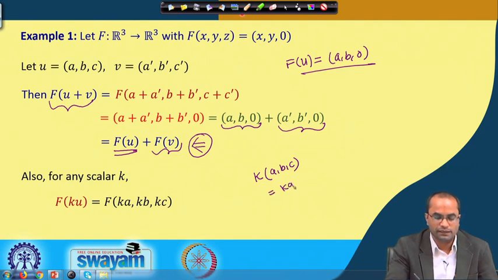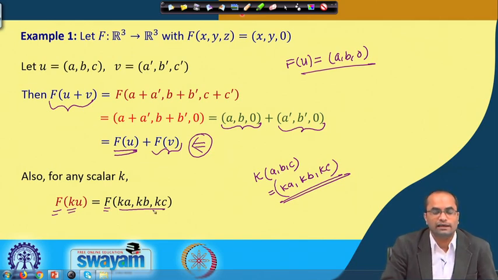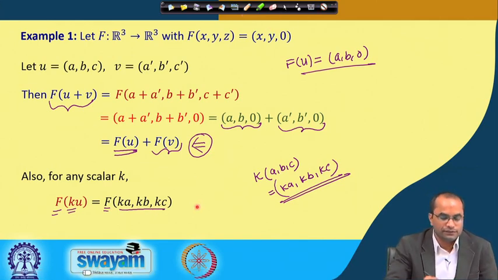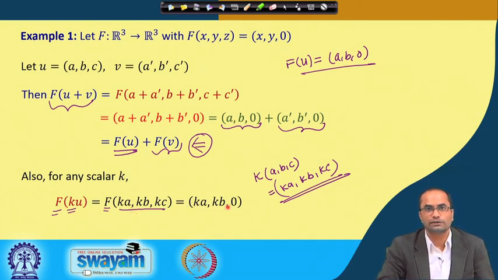So, this will be (k a, k b, k c). Now we are getting f on this (k a, k b, k c), and as per the definition of this linear map, we will get this as (k a, k b, 0).